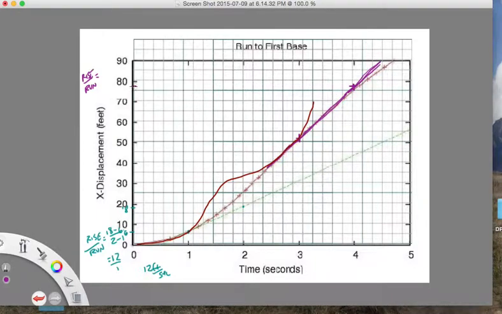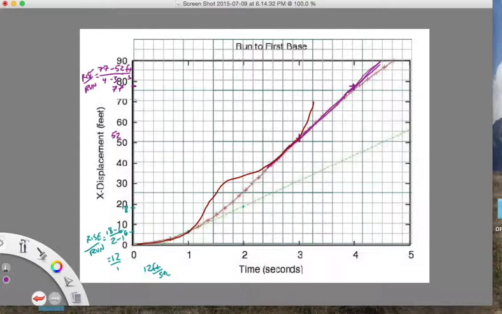It's about 77 feet, and this right here is about 52. So it's 77 minus 52. This is just an approximation. I won't hold you accountable for knowing exactly the number here. I'm just estimating. And it's from 4 seconds to 3 seconds. This is in feet, and that's in seconds.